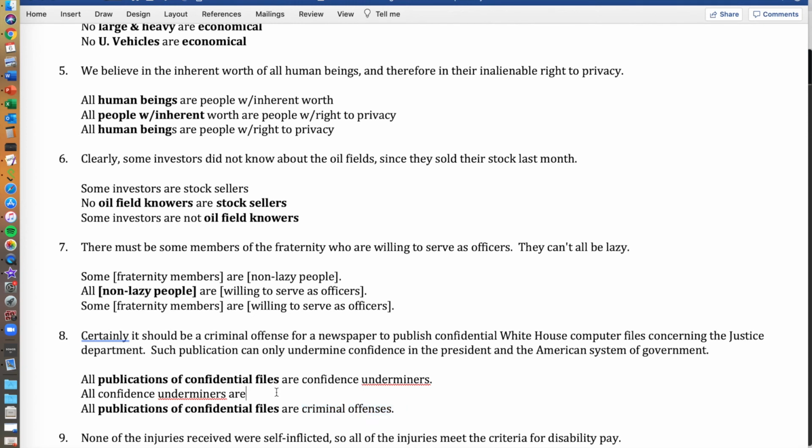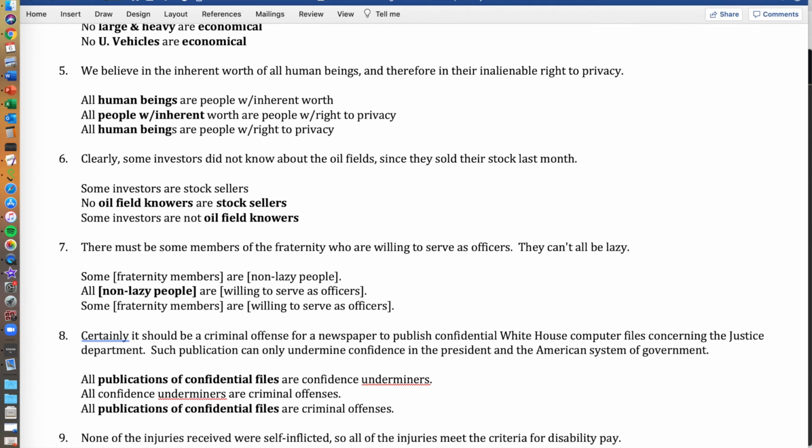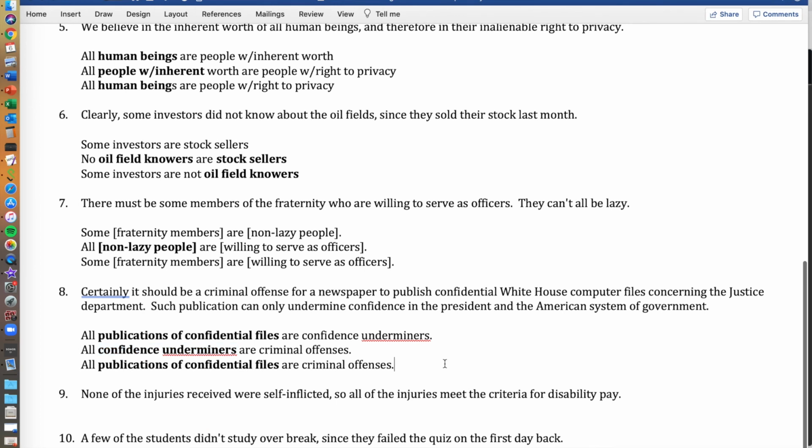So when it reappears, it cannot be in a distributed position, which is great for us because we only have an undistributed position remaining. We'll put it as the predicate of that universal affirmative, and that means it would be in an undistributed position in the missing premise, and that's equal as well. We'll indicate that that middle term is distributed in the missing premise, and there we have our completed valid syllogism with the missing premise. All confidence underminers are criminal offenses.